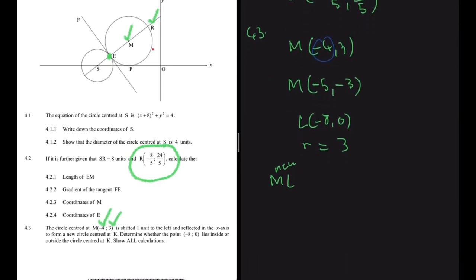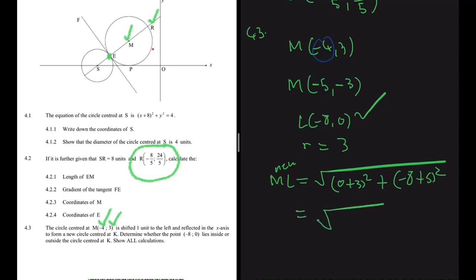So we're saying that ML will be equal to, we know the distance formula, y2 minus y1 squared plus x2 minus x1 squared. So let's just go ahead and sub it in. Let's take L as our second point, so that will be 0 minus 3, so that will be plus 3 squared, plus minus 8 minus 5, so that will be plus 5 squared, right?